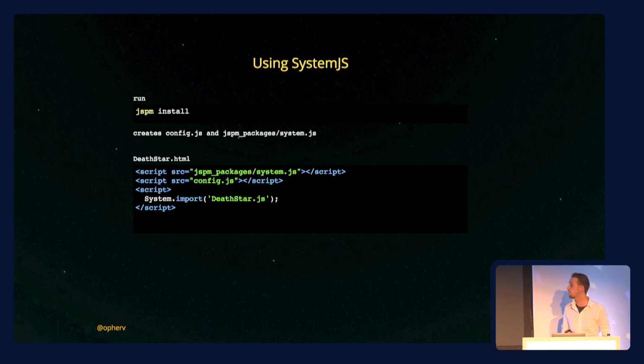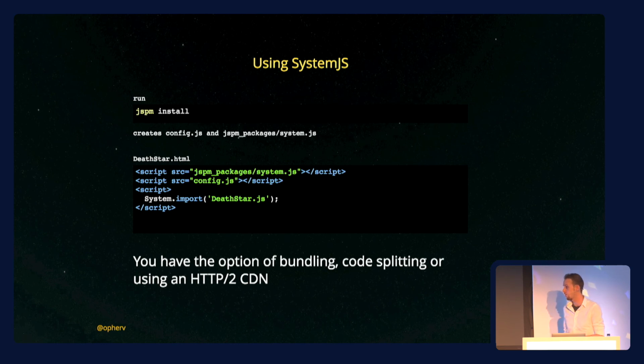And that's cool because you have the option of either bundling your code, like we saw earlier. You can do code splitting with SystemJS as well. And if you don't want to do that, if you're more looking into the future of JavaScript distribution, then you could use the HTTP2 CDN.